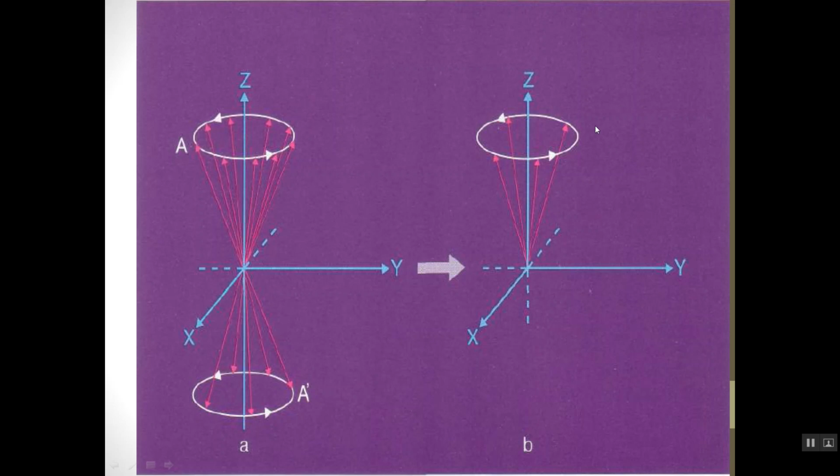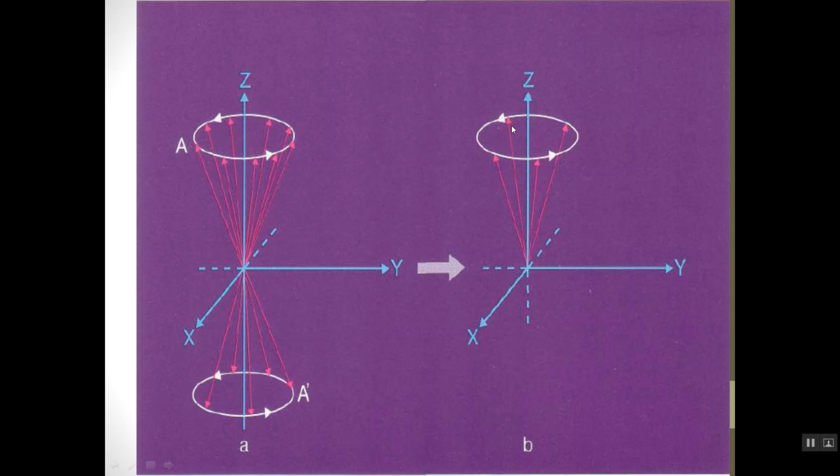The net result, after neglecting the magnetic force, will be a certain number of protons aligned in the z direction, which is the axis of the patient, the axis of the main magnetic field.